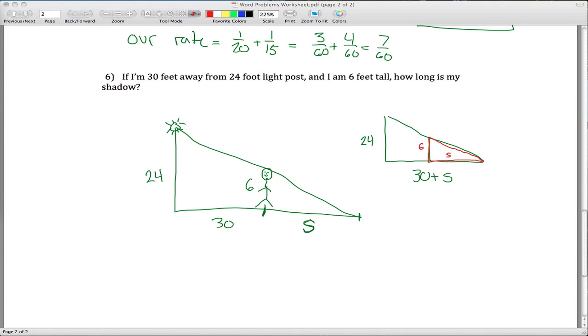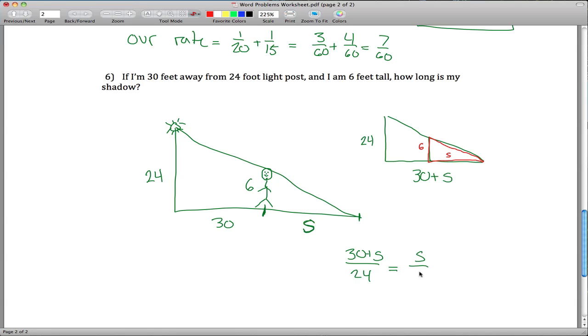And then what we know is that the ratio of this side to this side is the same as the ratio of this side to this side. So what I'm saying is that (30 plus S) divided by 24 has got to be the exact same as S divided by 6.